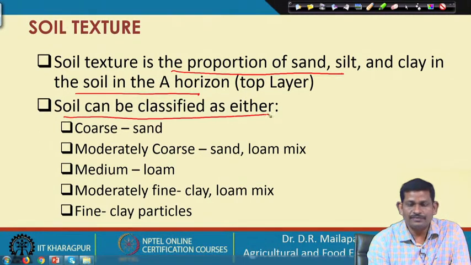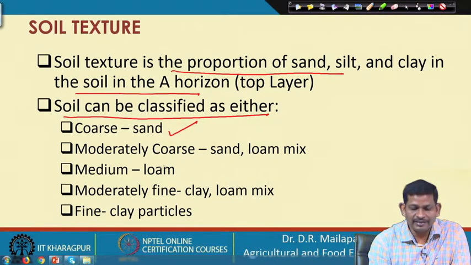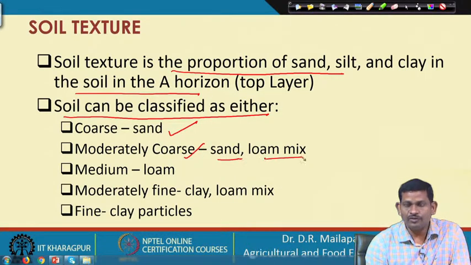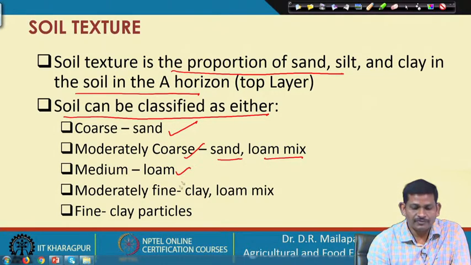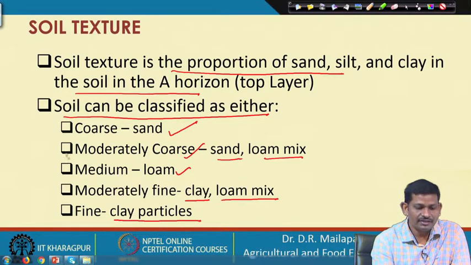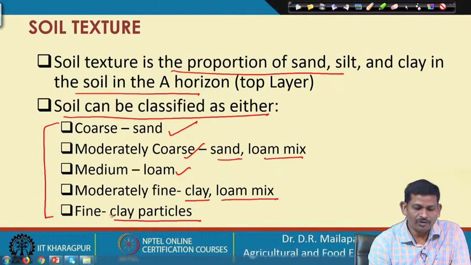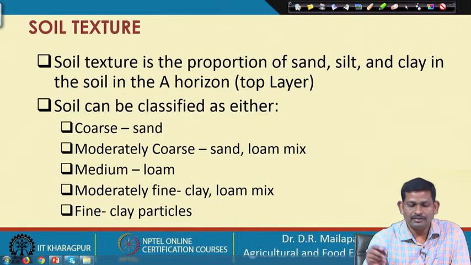Soil can be classified as coarse, such as sand; moderately coarse, a sand and loam mix; medium, that is loam; moderately fine, a clay and loam mix; and fine, like clay particles.